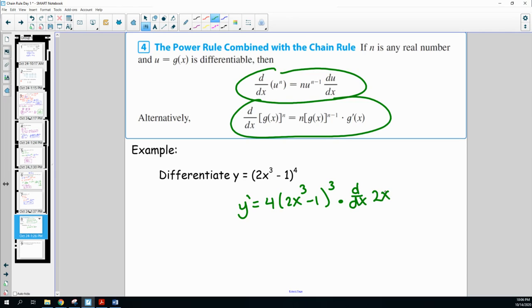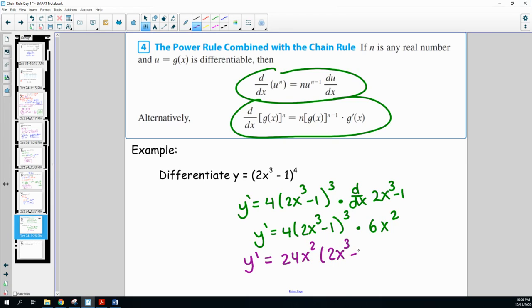So the derivative of 2x cubed minus 1. So I end up with 4 times 2x cubed minus 1 cubed times 6x squared. And then I'm going to actually just multiply those together. So y prime is equal to 24x squared times 2x cubed minus 1 to the third.